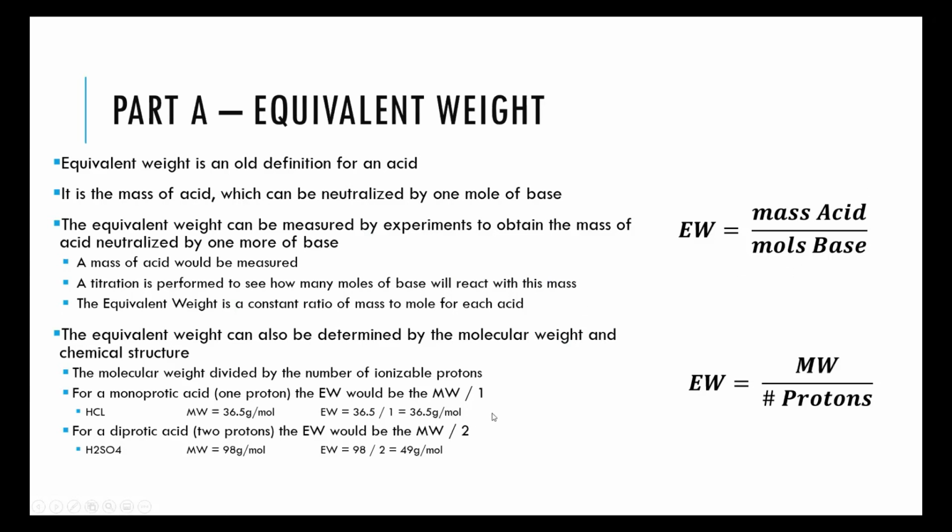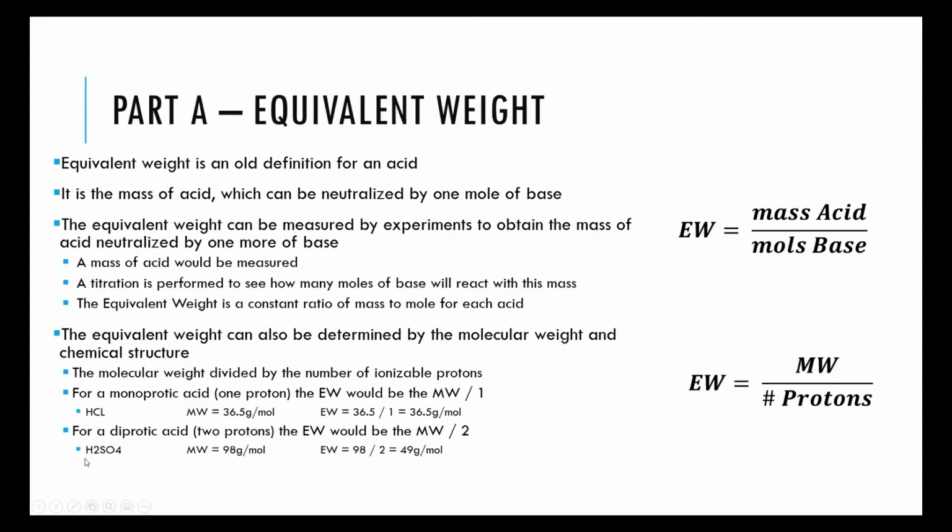And they're the same. For a diprotic acid, that's something that has 2 protons on it, the equivalent weight is equal to the number of those protons. So in the case of sulfuric acid, 1 mole of sulfuric acid weighs 98 grams. But there are 2 protons associated with it.